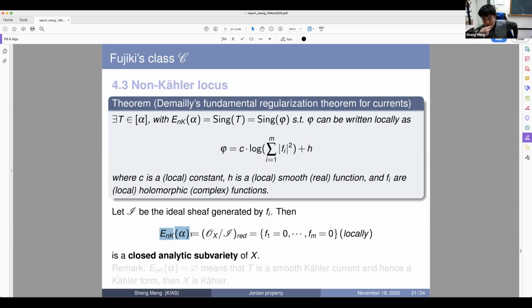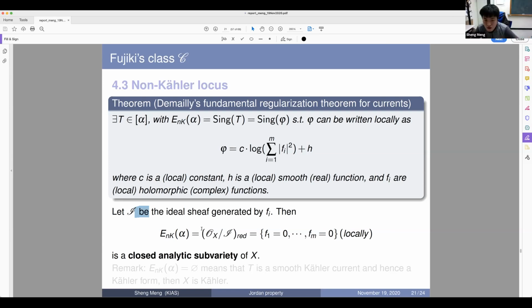I don't know any example of the ideal sheaf being non-reduced, not Kähler but in Fujiki's class C. It's the same as a base locus of some linear system, which can be very complicated.